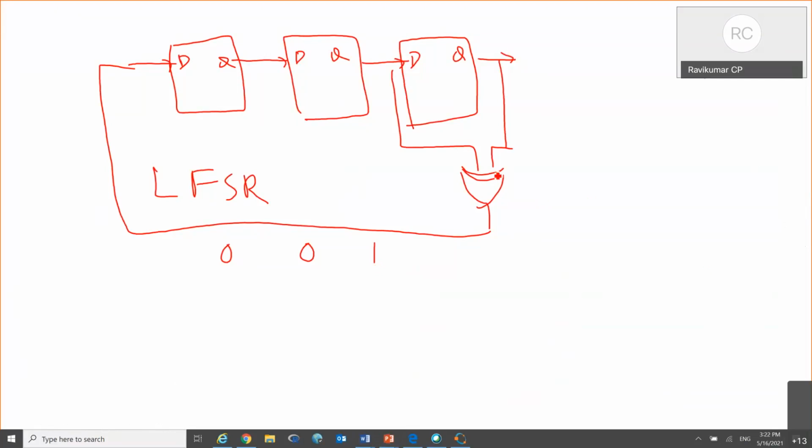See, this 0 and 1 are being given to the XOR gate. So the output of the XOR gate will be 1. And that is getting shifted into this flip-flop, and these 2 bits will get shifted in here. So it went into a new state, which is 100.